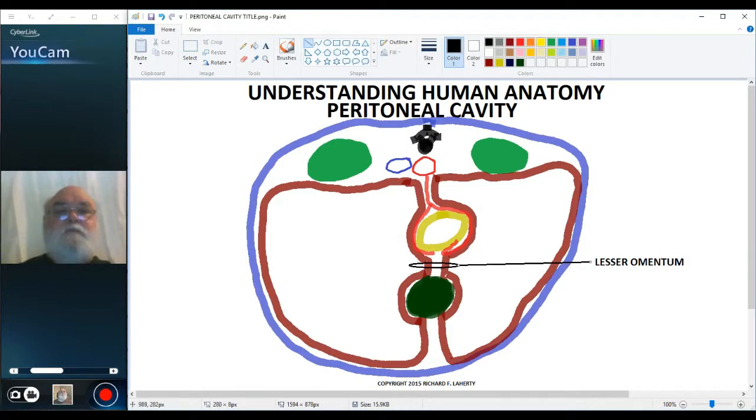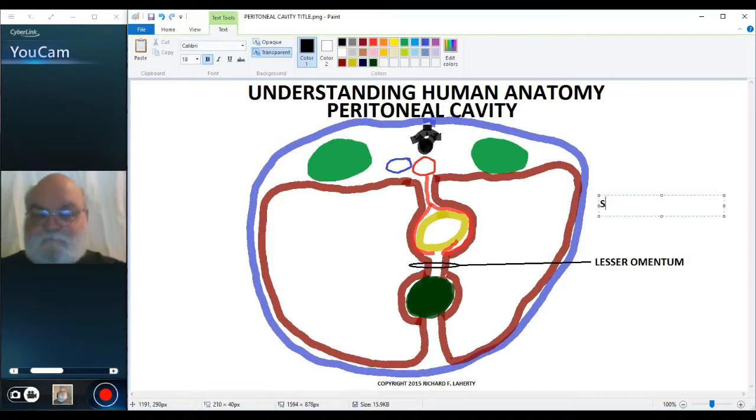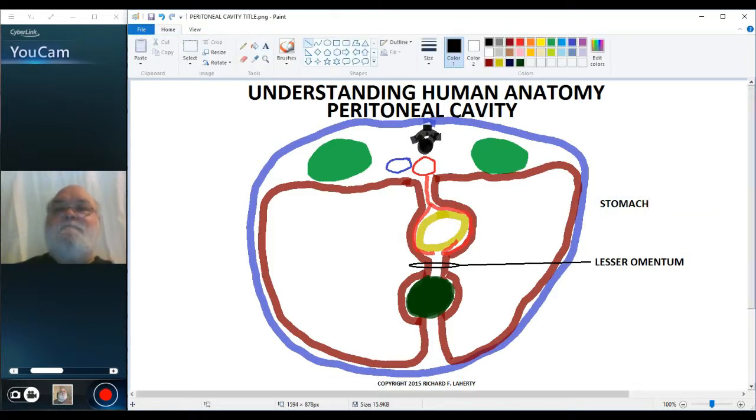And it sits between the stomach and the liver.